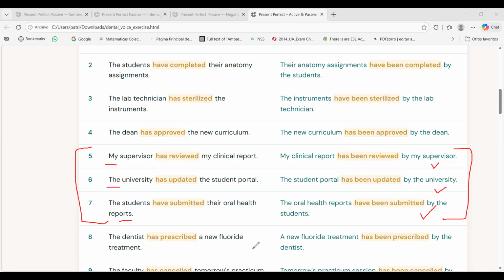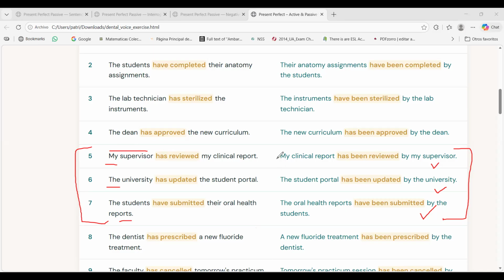These are the positive sentences. Remember, in the first, my supervisor. But no, the supervisor could be irrelevant.